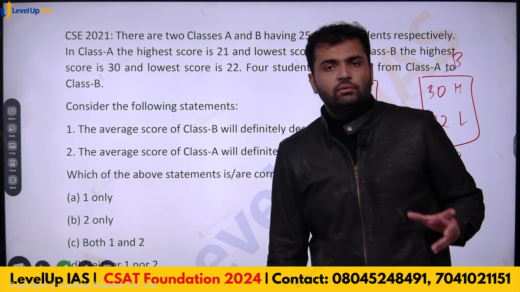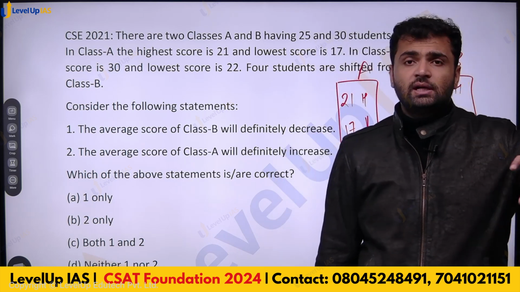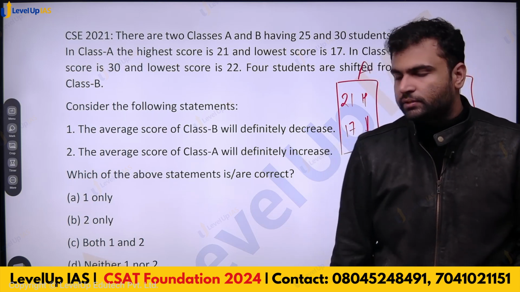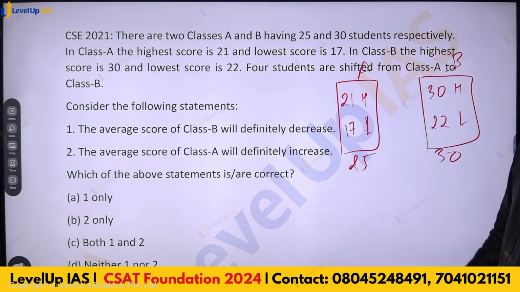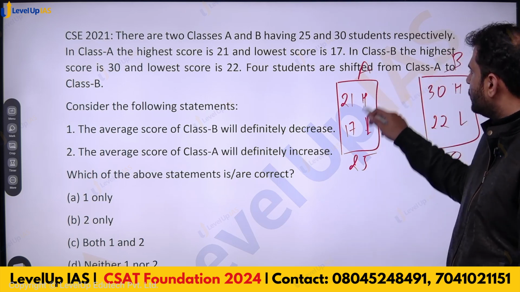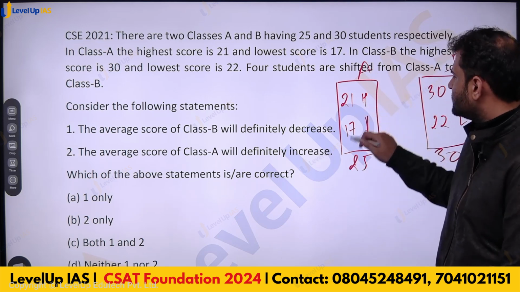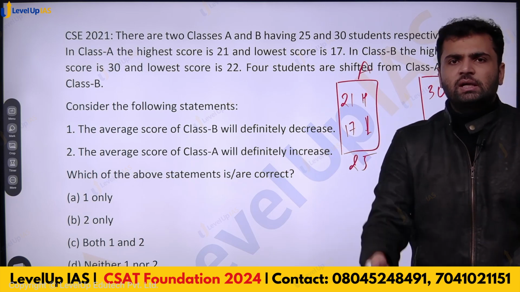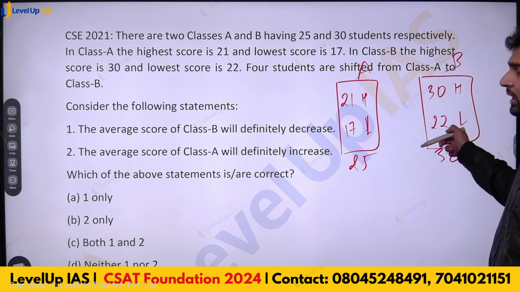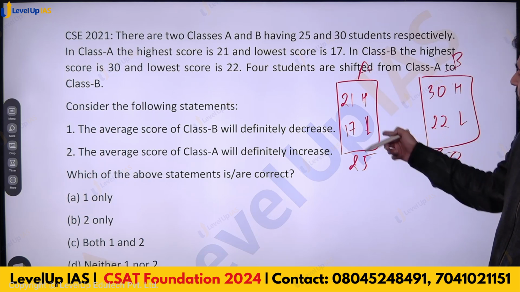Average is nothing but, we have to remember only this thing: the sum of marks of all the students divided by the number of students. Now, look at this. We are shifting 4 people from class A to class B. These 4 people can all have 21 marks, can all have 17 marks, or in-between marks. But irrespective of whatever marks they have, all of them will have less than 22 because the highest here is 21.